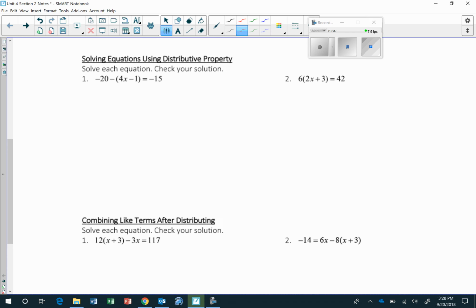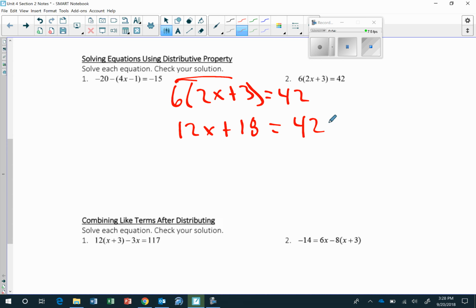Looking at number 2, I'm going to rewrite it first. So I have 6 times the quantity 2x plus 3 equals 42. Distributing is my first option. So 6 times 2x is 12x. 6 times 3 is 18. I have an addition sign between them, equals 42. So now I have a two-step equation, which means I'm going to add or subtract first.